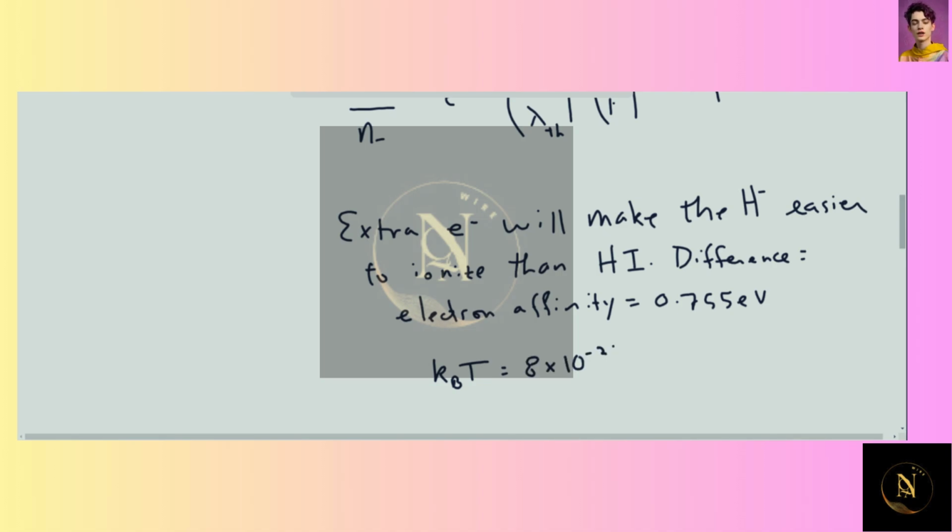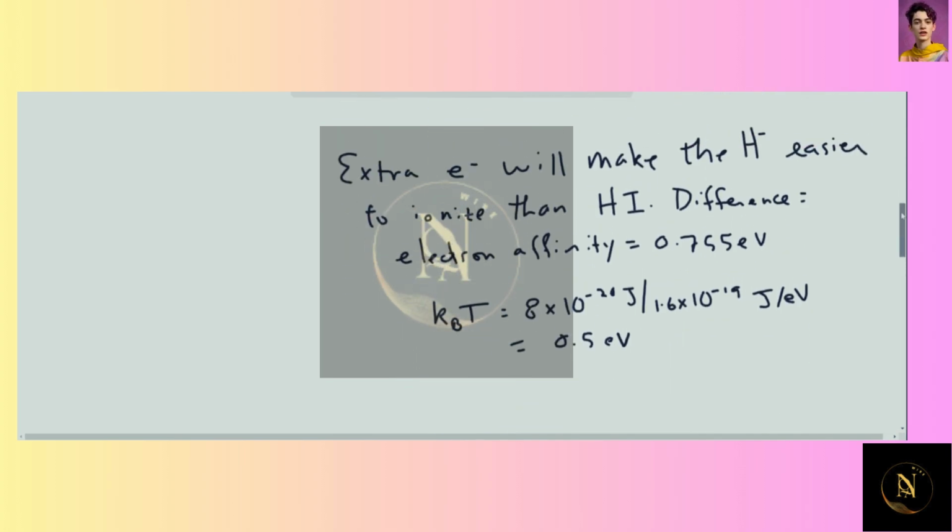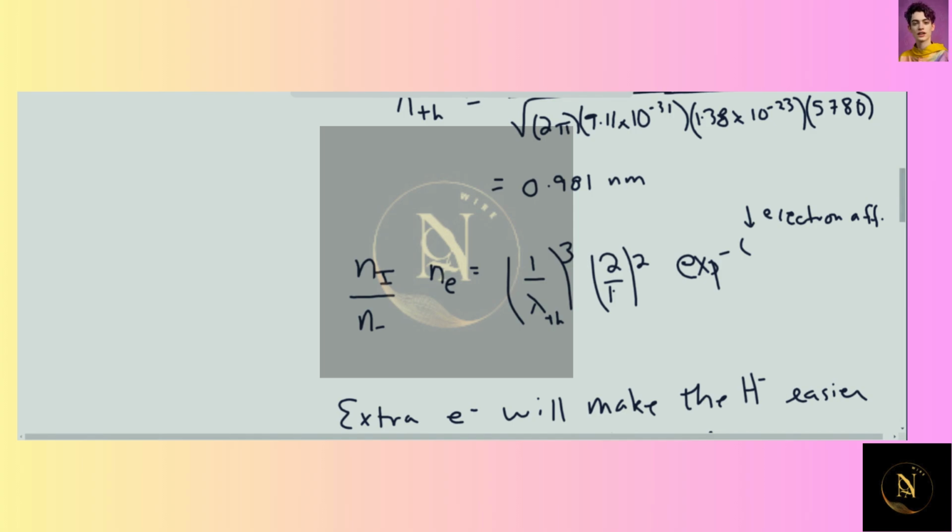We've already done that calculation a bunch of times, divided by 1.6 times 10 to the minus 19 joules per eV, and that's about half an eV. So that exponential factor is going to be quite small, minus 0.755 divided by a half.